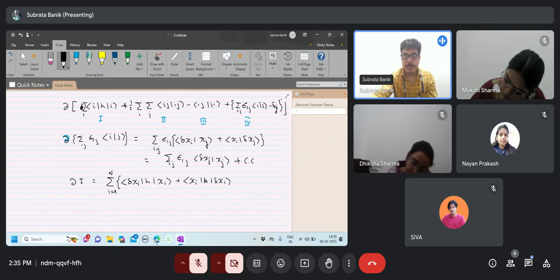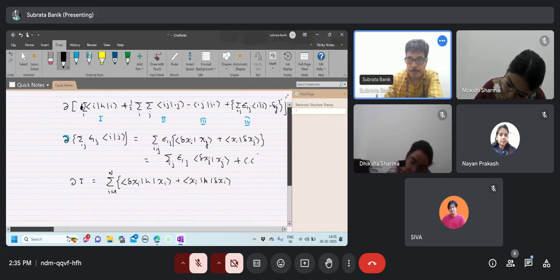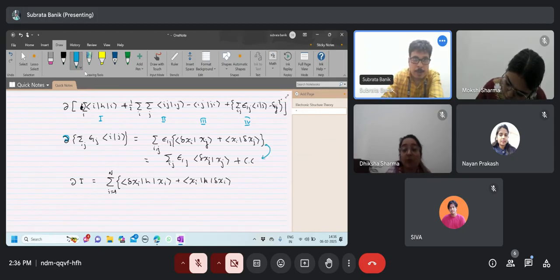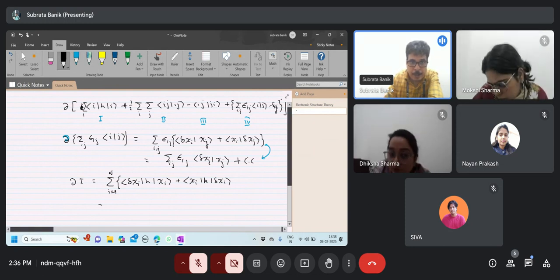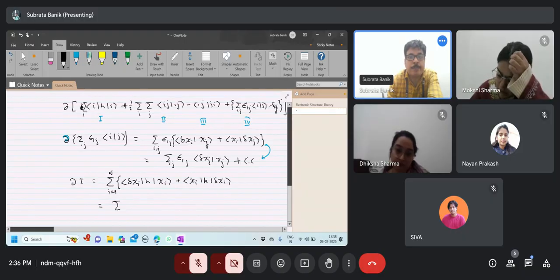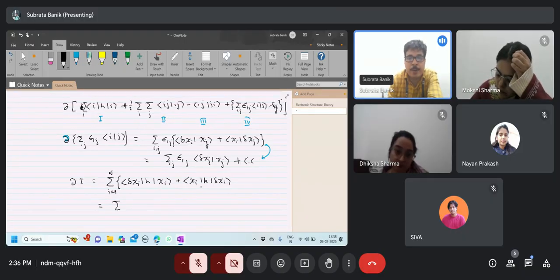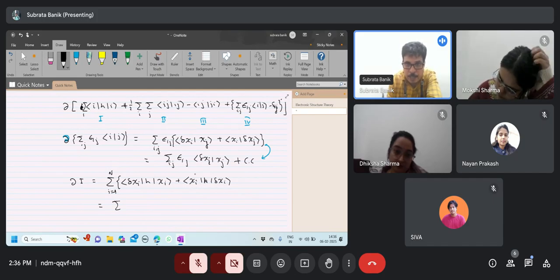Now, you can also write this from the same argument that we put here. What argument did we put here? If we change the dummy variable, you can see that this part and that part are exactly the same. You don't even need to change the dummy variable. Both are the same, right? So you take the conjugate of that, and you get delta chi as the bra function and chi as the ket function.